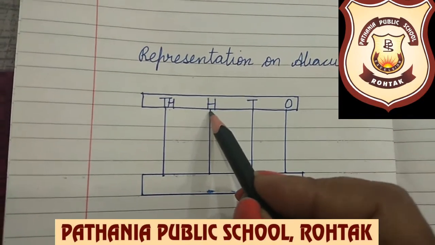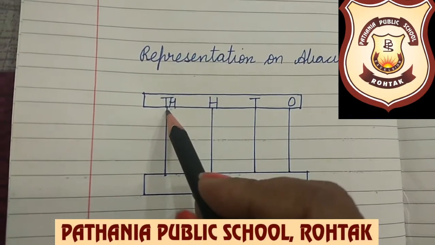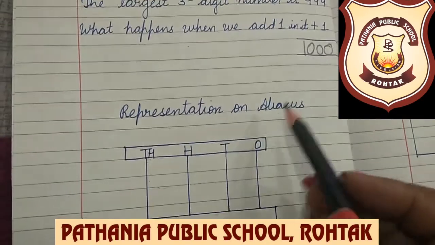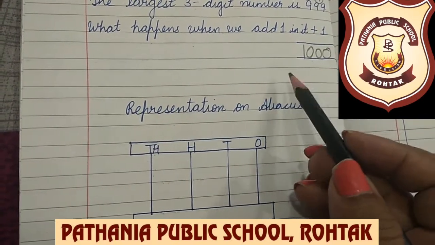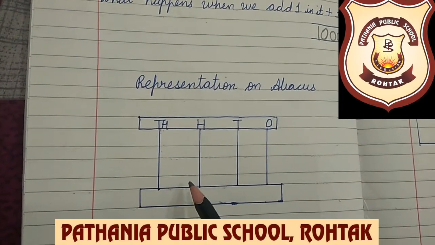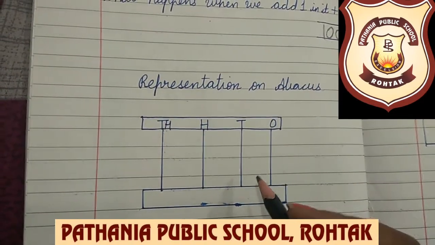In the place value system, thousands comes next, so I have added 1000 here. Now we get 1000 as the smallest four-digit number. If I want to represent the same number on this abacus tool, how will I represent it?